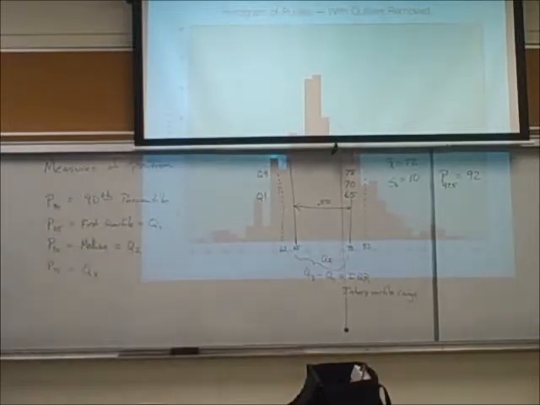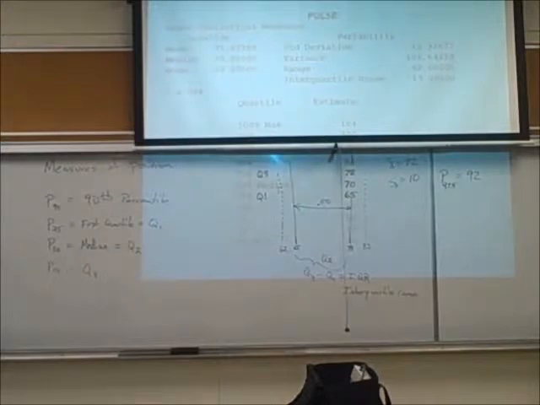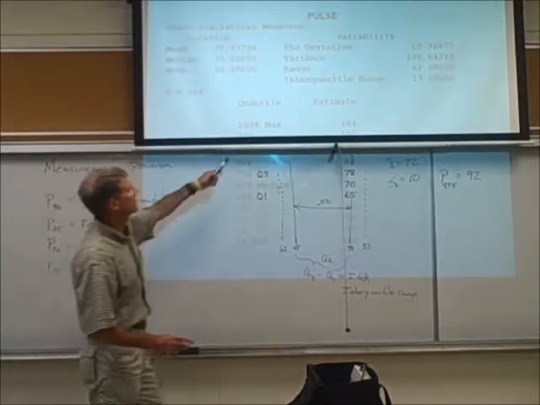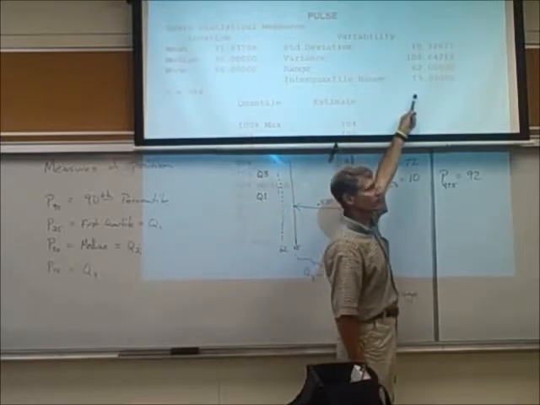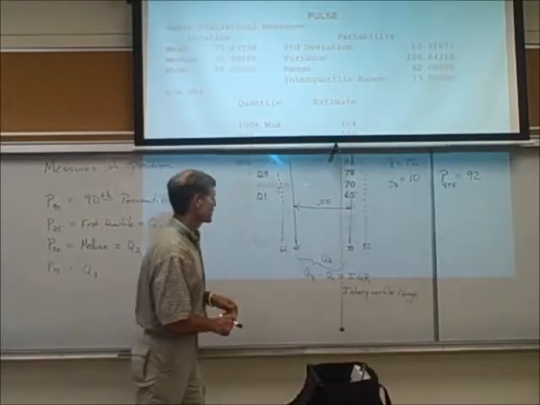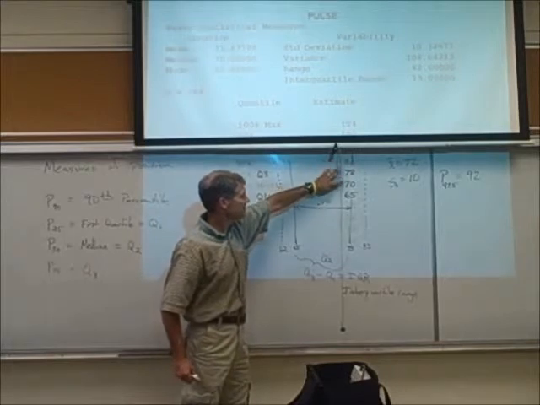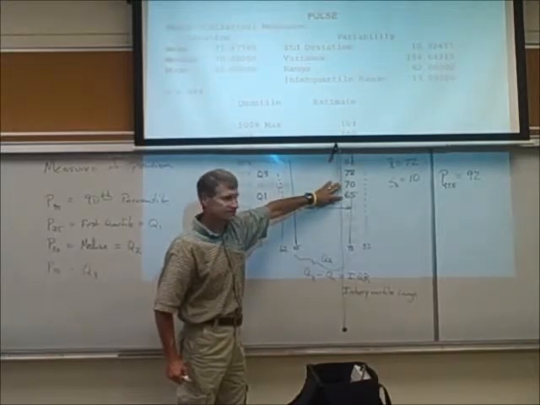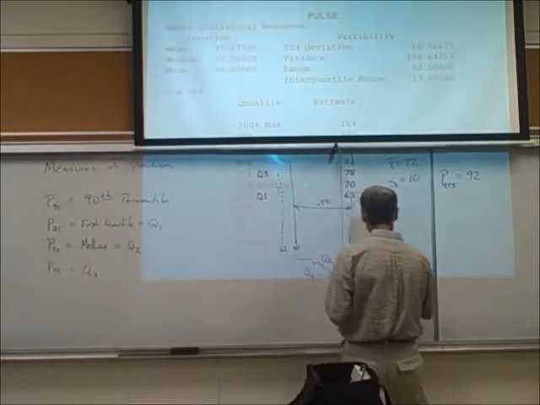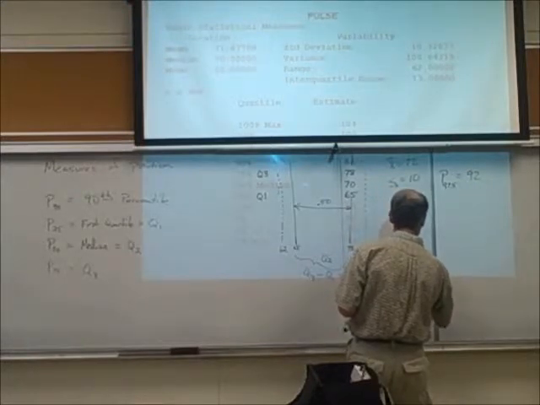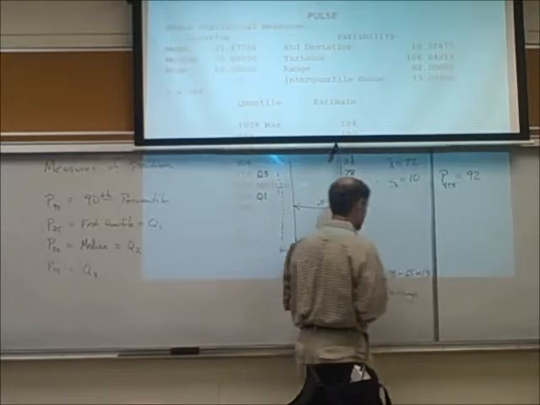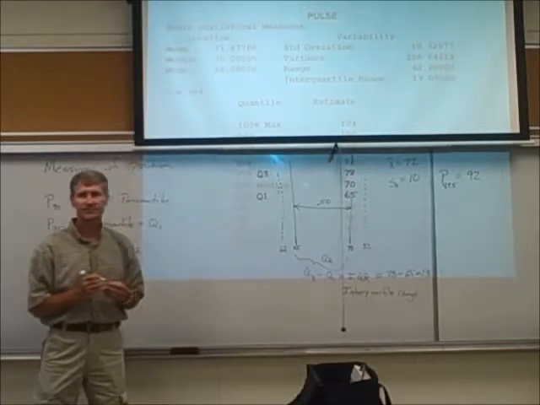Okay, so let's go back to the output, and you'll see right here it says interquartile range 13. So that's 78 minus 65. So I'm going to write that here. 78 minus 65 is 13. That's the IQR.